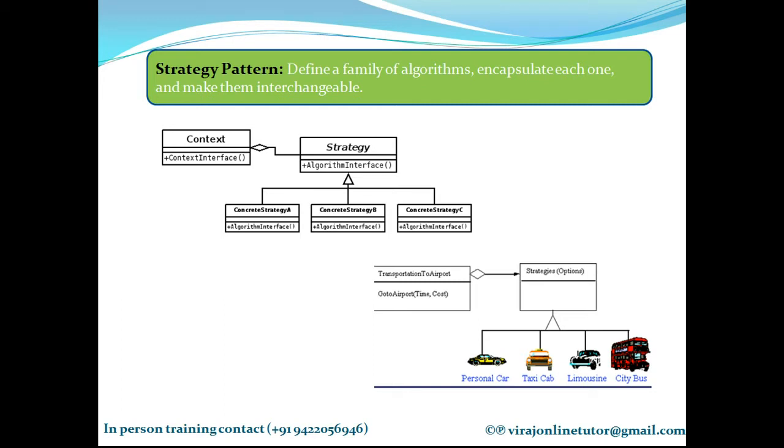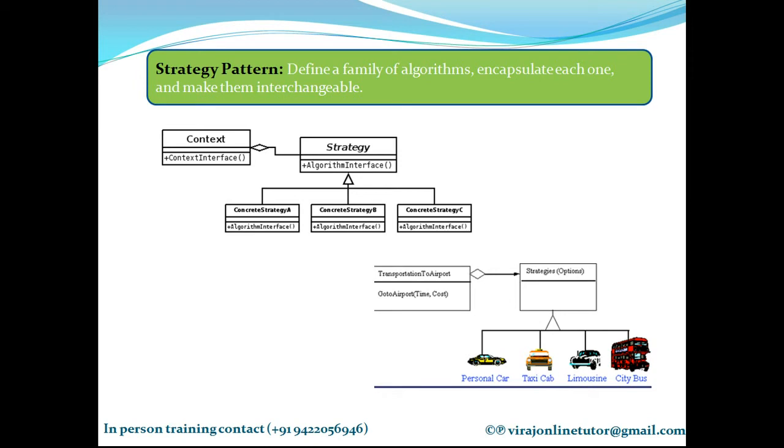Okay, if you want to define a family of algorithms, then use strategy. You need to encapsulate each of the algorithms in a class. So have one class per algorithm. So suppose you have 10 sorting algorithms, have 10 different sorting classes, all inheriting from the base sorting class.